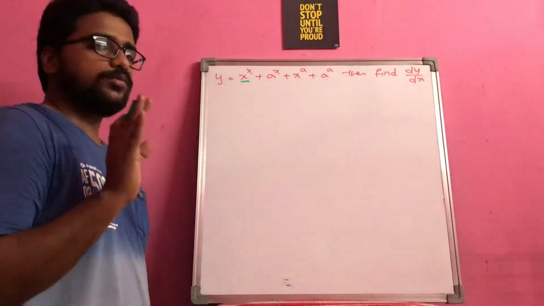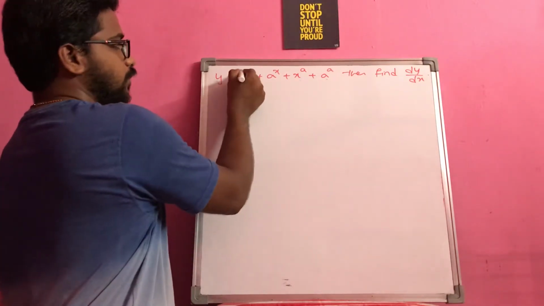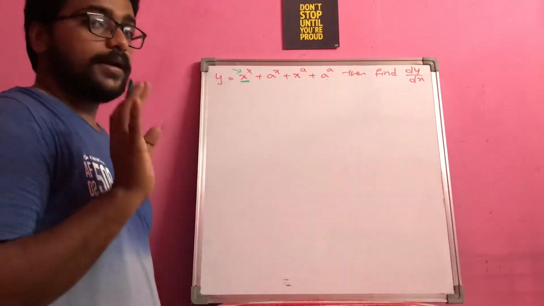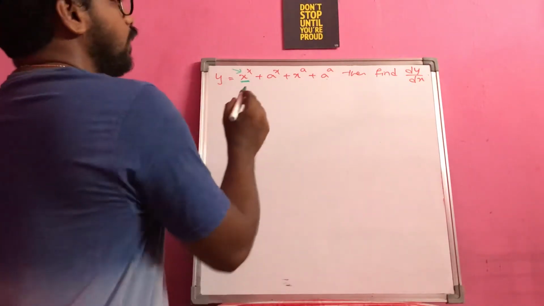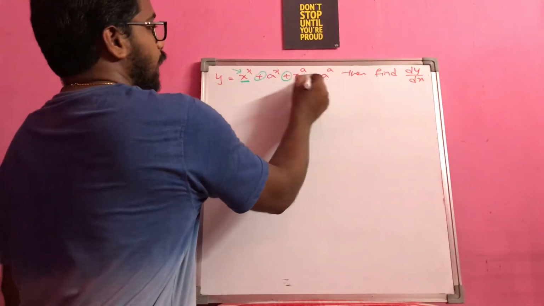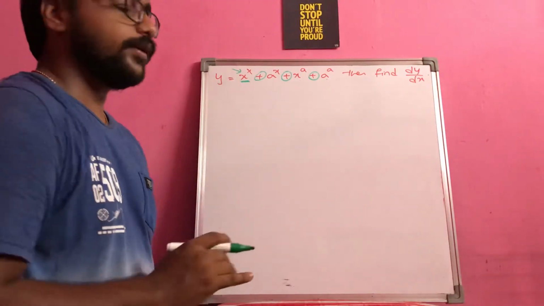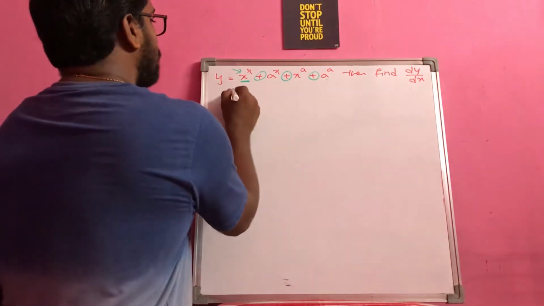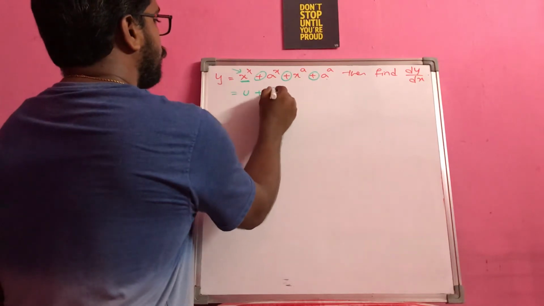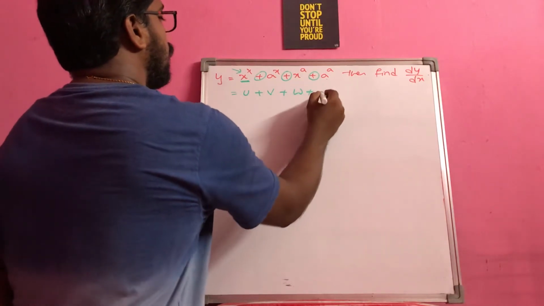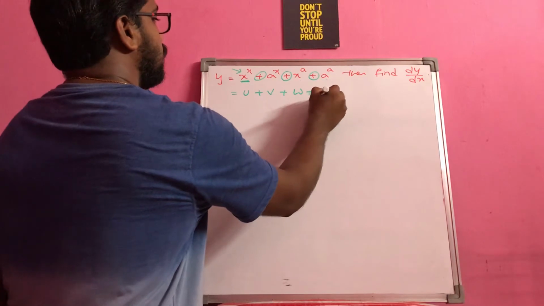So you have to find the derivative for this function, you have to apply the logarithm. But I am telling you again, here in the question you are having additions, so we cannot apply logarithm straight away. Okay. So I will take this as u, v, w and some z I will take.